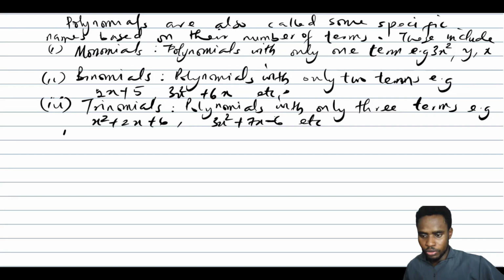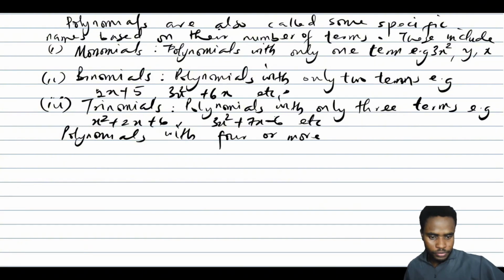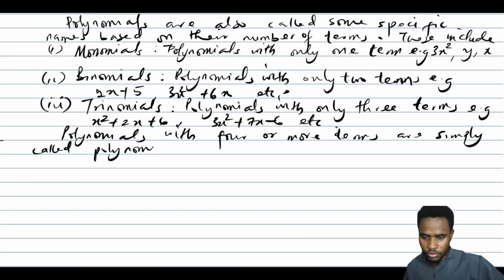And polynomials with 4 or more terms are simply called polynomials, or sometimes they are called multinomials.